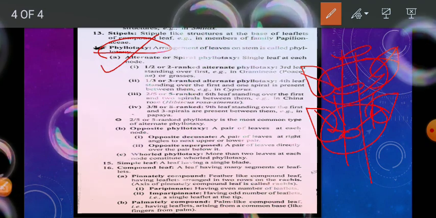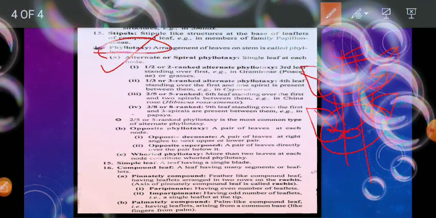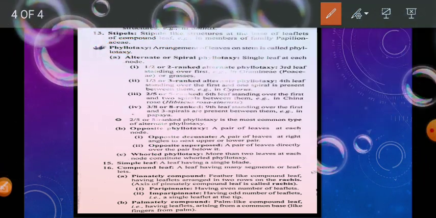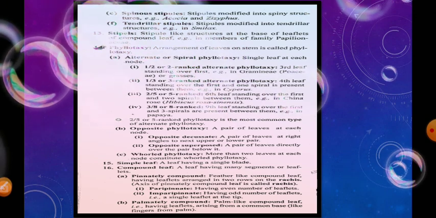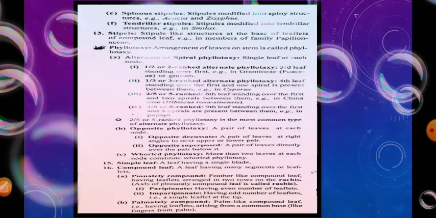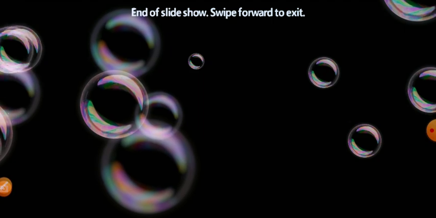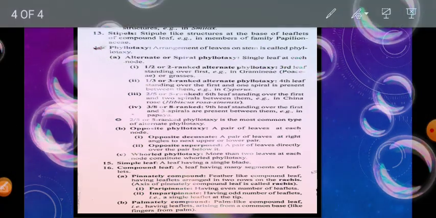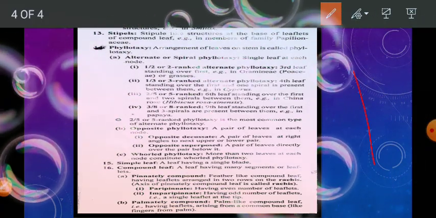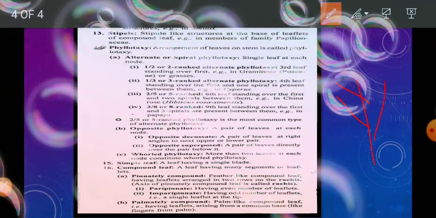Then opposite phyllotaxy, with a pair of leaves at each node. In the alternate form, the leaves are one alternate to the other, 1, 2, 3, 4.